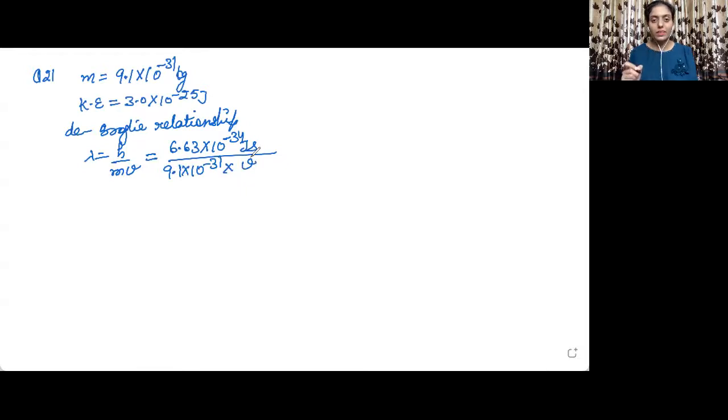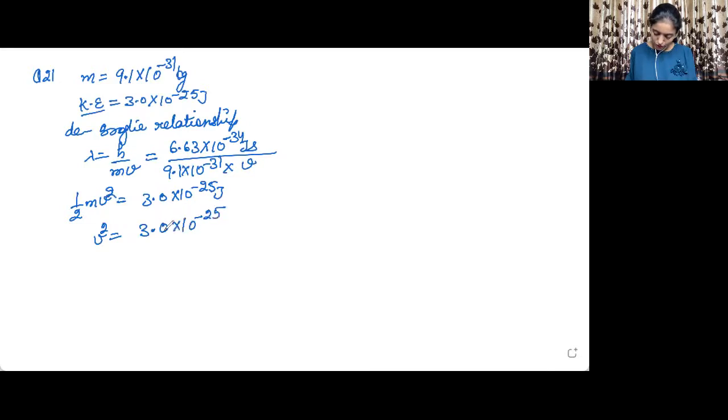So from where can we get the v? We can get it from kinetic energy. Half mv² is equal to 3.0 × 10^-25 joule. So v² will be equal to 3.0 × 10^-25 upon the mass of the electron, that is 9.1 × 10^-31 kg.